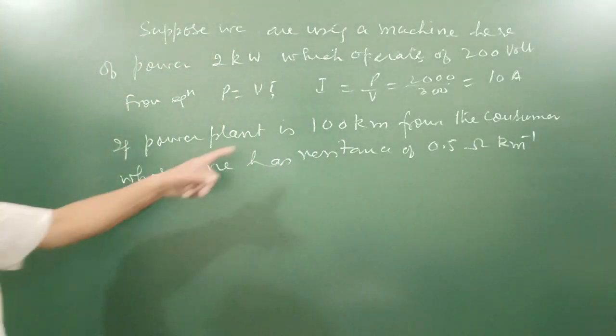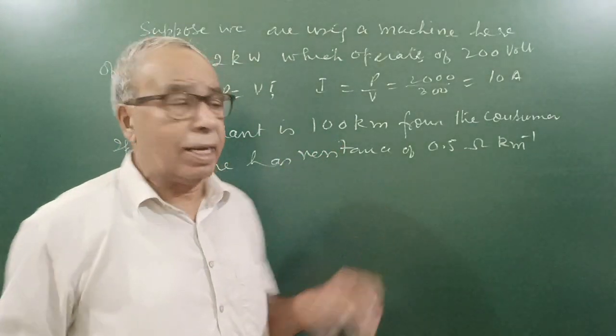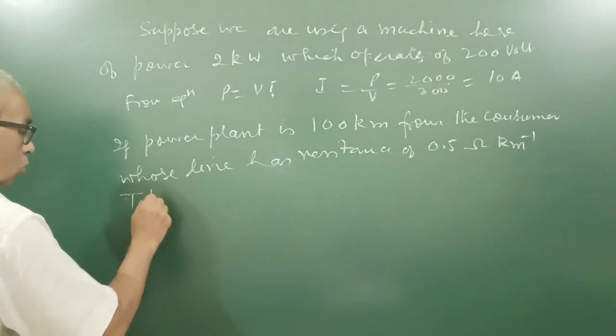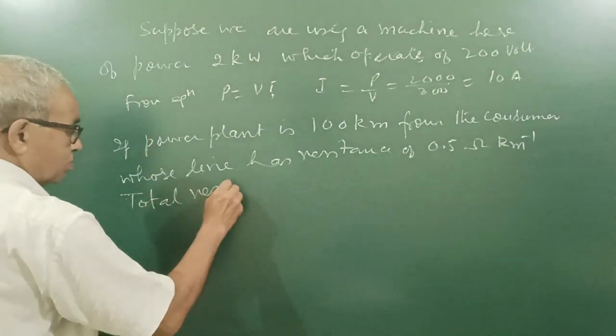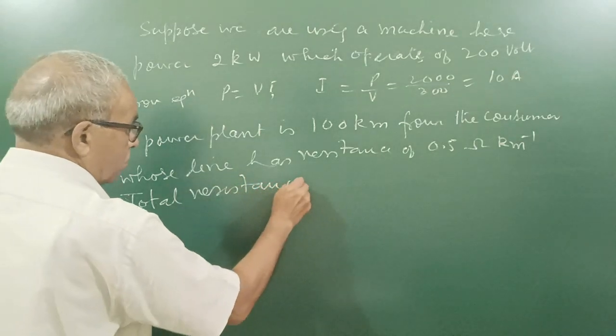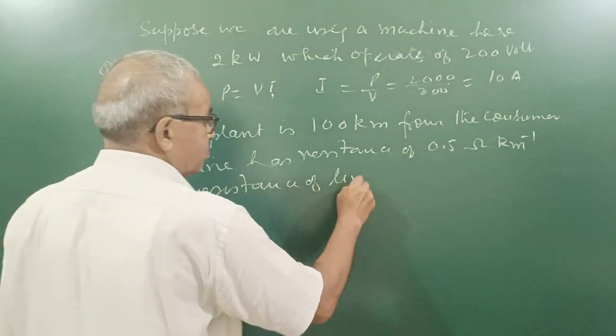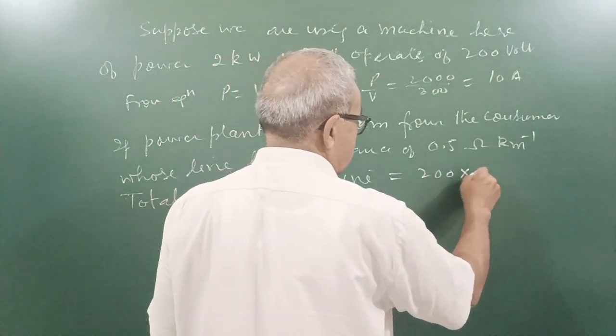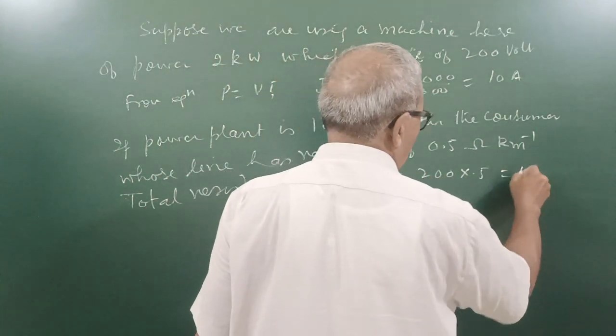So 100 kilometer means 200 kilometer wire. So the total resistance of the line is equal to 200 into 0.5, means 100 ohm.